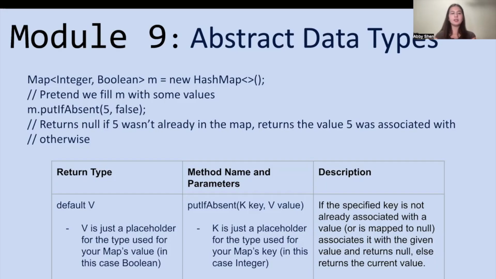What this does is it checks if 5 is already a key in the map, and if it is, then it returns the value that was originally associated with that key, and it doesn't do anything to the map. If it wasn't already associated with a value in the map, it'll put that key and value into the map. So this is how we'd use it. Hopefully that makes sense based on the documentation.